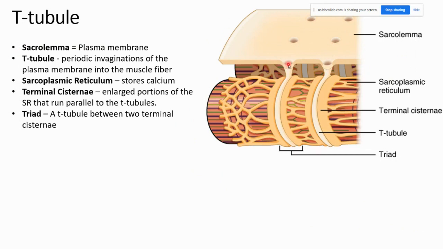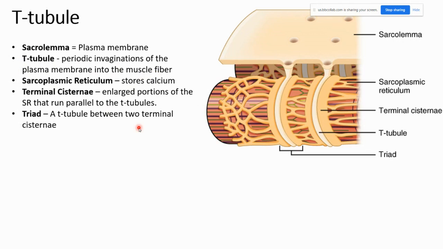And that allows that electrical impulse to totally surround the myofibrils. So that impulse, the action potentials, enters the cell on these transverse tubules. There it is, T-tubules, periodic invaginations of the plasma membrane, the sarcolemma, into the muscle fiber.